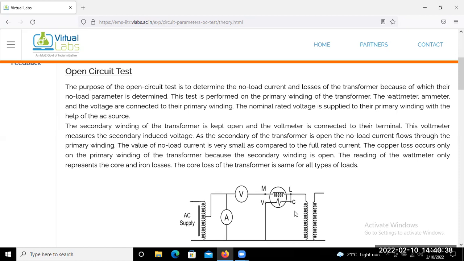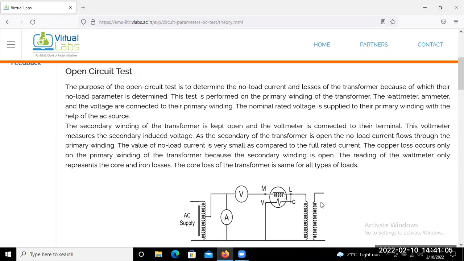Suppose the transformer rating is 230 volt at the LV side, and obviously the HV side voltage is higher compared to that.